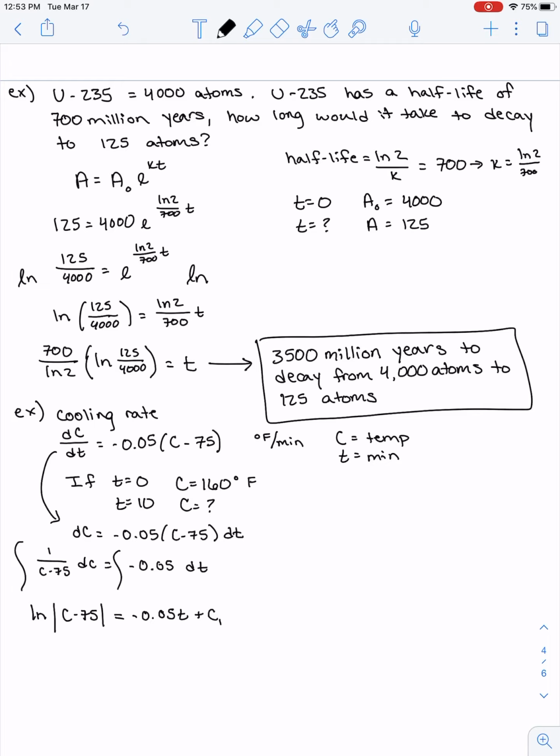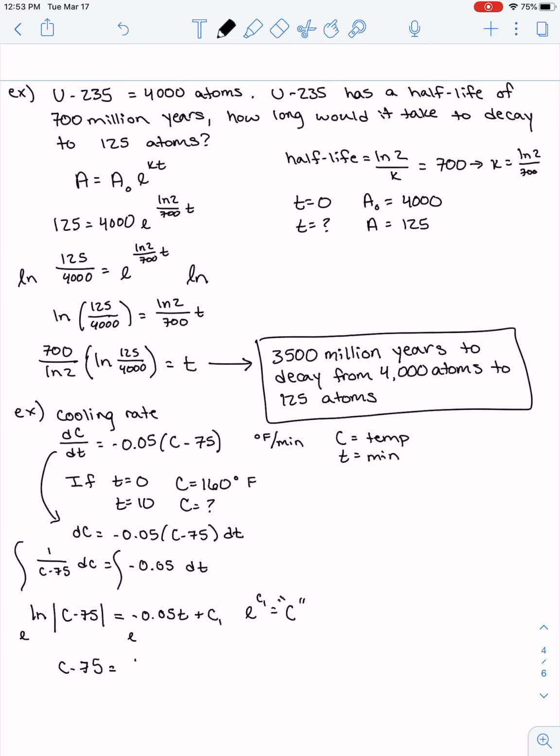So now let's solve for C. If we take e to both sides, we get C minus 75 is equal to e to all of this. And remember the note that we did at the beginning of the first example of this problem, we can go ahead and say that e to the c1 is going to be our constant.